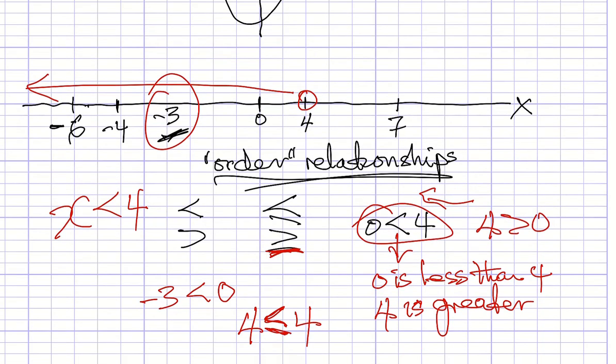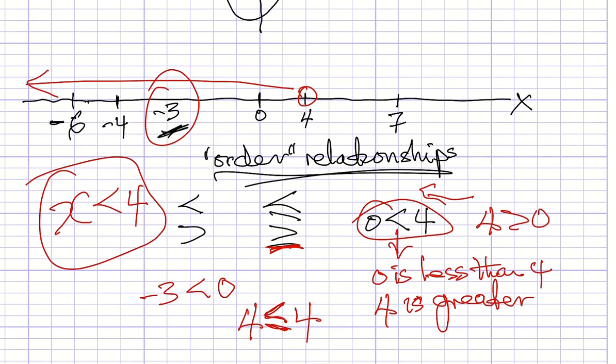Make sure you understand that. When you see the expression x is less than 4, all they're saying is if you come from 4 here, x is not quite 4. So x can be anything going to the left.